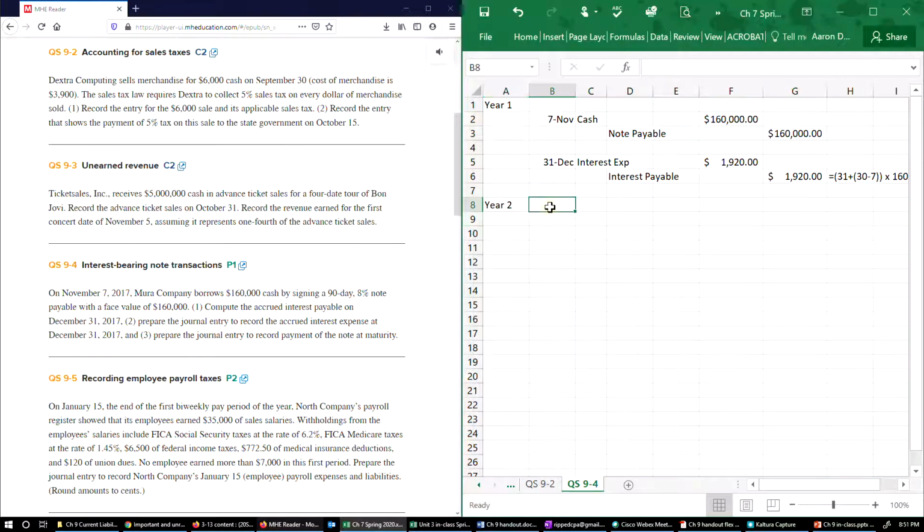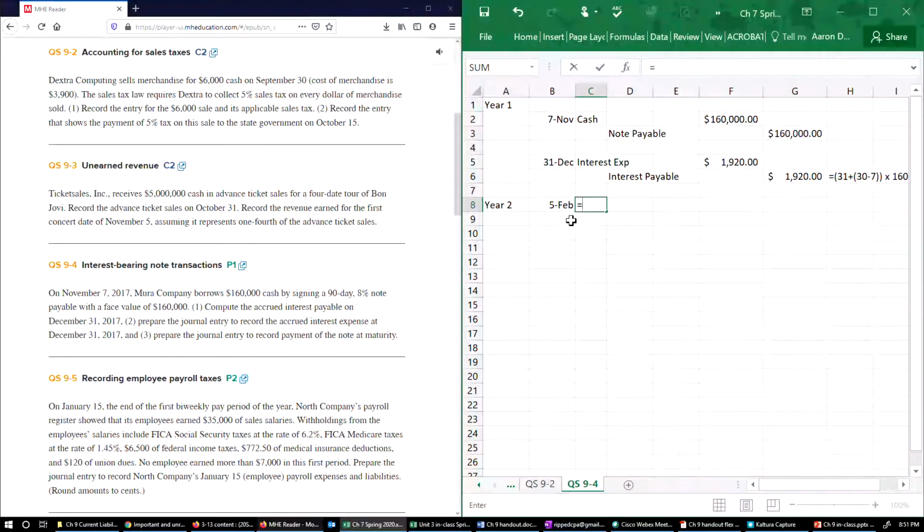The problem then asks for the payment at maturity. That's the third requirement. It doesn't give you the date, nor would I ever ask you for the date. But for this particular note, it is February 5th, the maturity date. So we need to take all the accounts related to this note off the books when we pay for it.